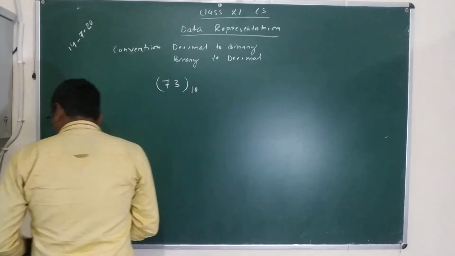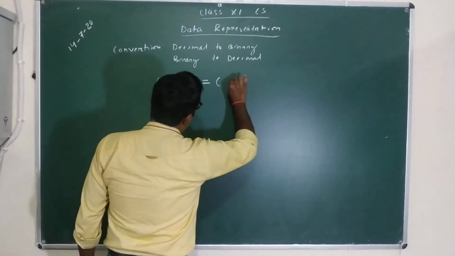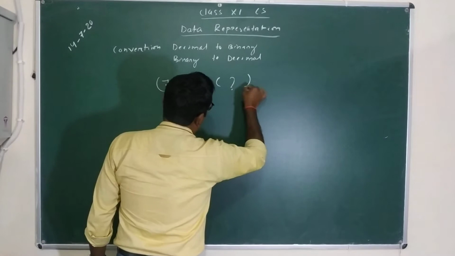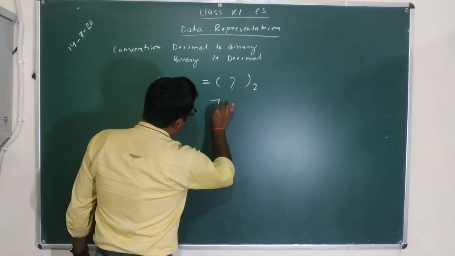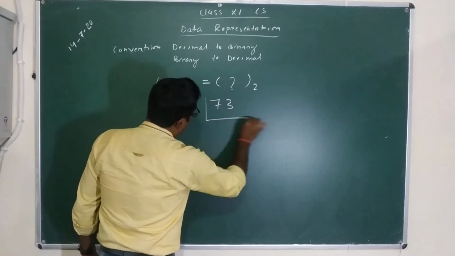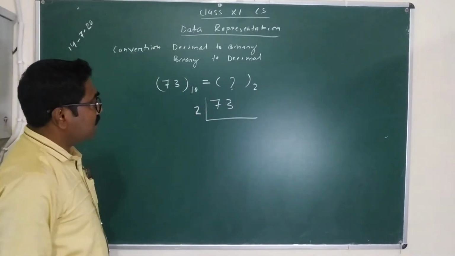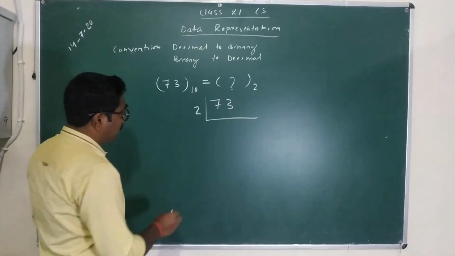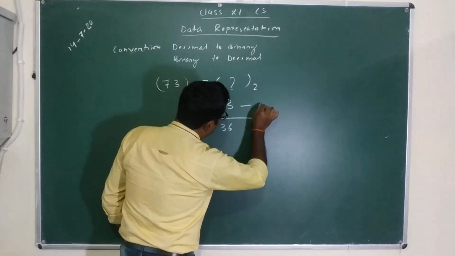For example, suppose the number is 73 and we want to convert it into base 2. Then you have to divide this by 2. Now 73 divided by 2 is 36, the remainder is 1.